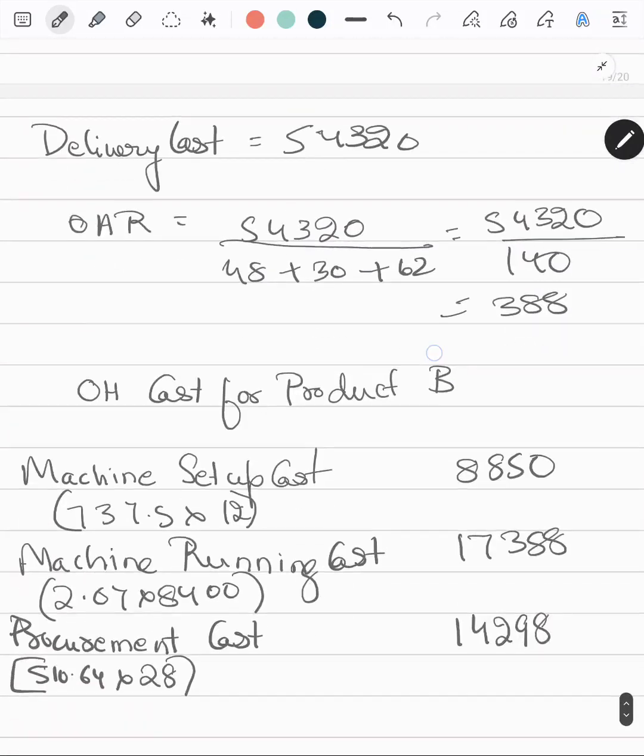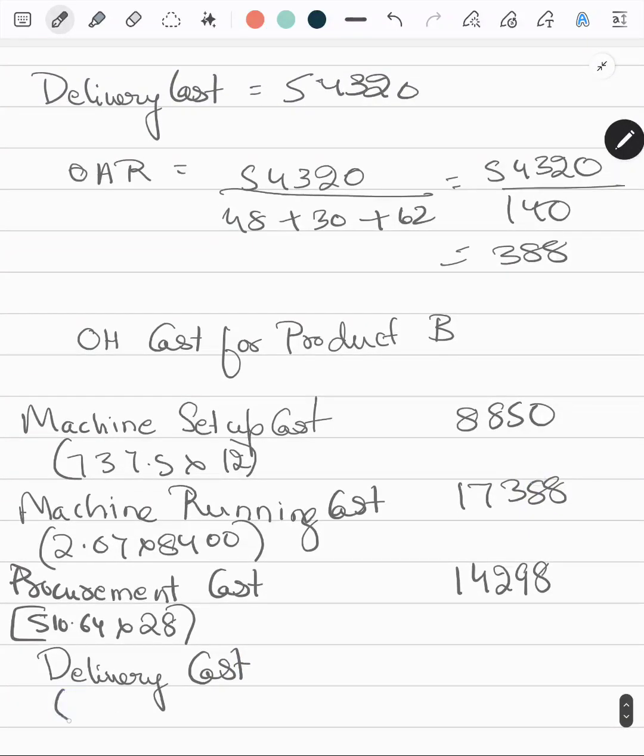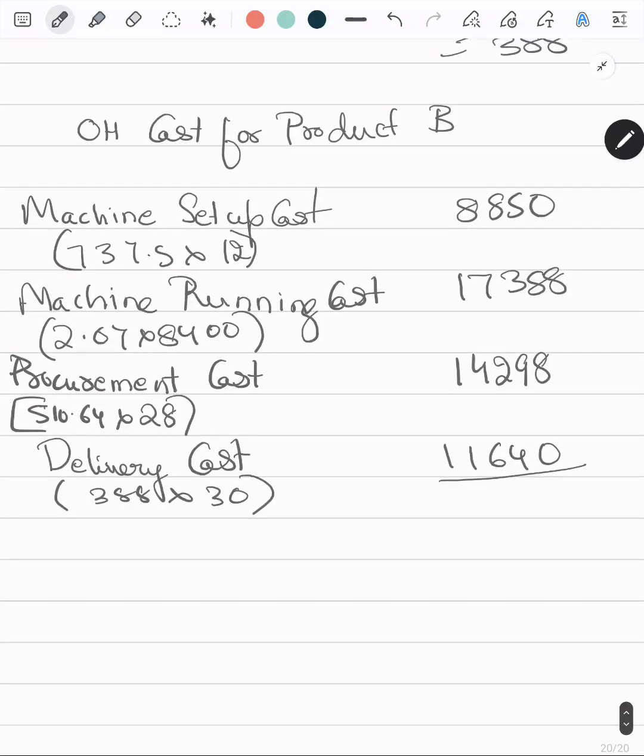After procurement cost, we have delivery cost. And number of deliveries is 30. Now we can have total overheads cost for product B by adding all of them.